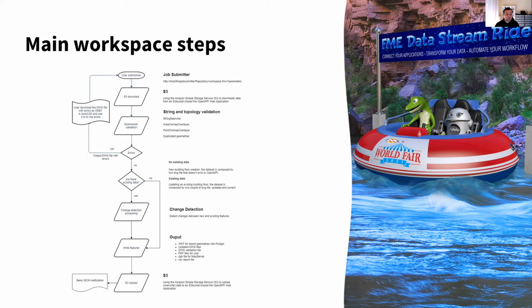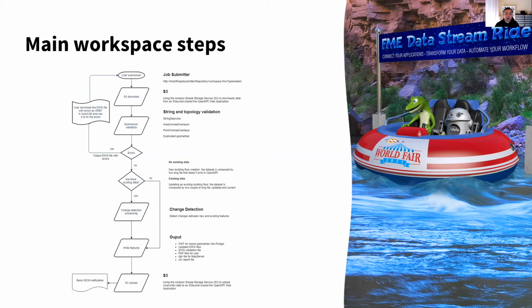If no errors are found, the procedure goes ahead, and the next step is to check if the data are already in the database or if the data are new. If new, the procedure goes ahead and writes some output.